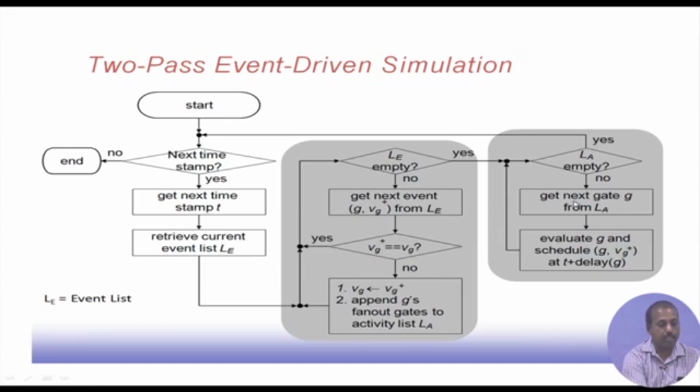Then in the next pass for all those future activities, they will again be updated, put into the list, and then when this activity list becomes empty, that means corresponding to the current timestamp, whatever events are to be simulated, all of them have been completed, their activities have been identified and all that. So, simulation should advance to the next timestamp. So, when this LA becomes empty, it is coming back here, so that the next timestamp is taken up and simulation will continue like this.